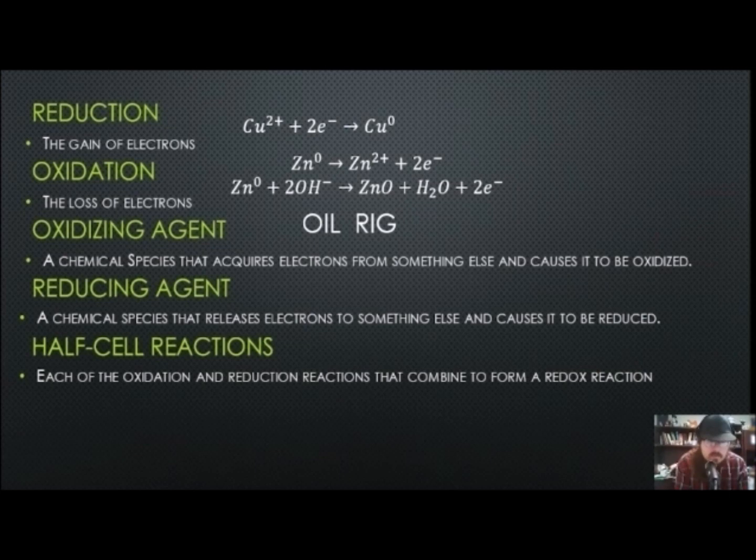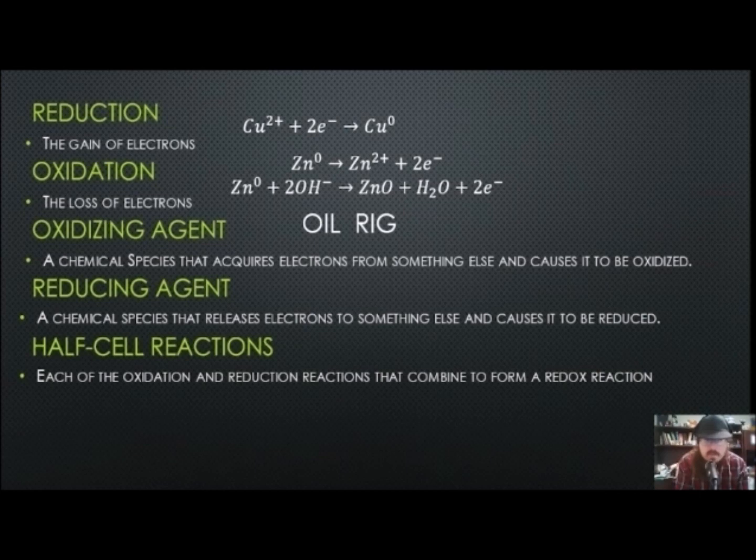All these need to be put together to make the redox reaction. But if we split each into the oxidation step and the reduction step, we can split these into essentially 2 half-cell reactions, each of the oxidation and reduction reactions that combine to form the total redox reaction. So copper 2+ and 2 electrons goes to copper 0 is the reduction half cell, and zinc goes to zinc 2+ and 2 electrons is the oxidation half cell.